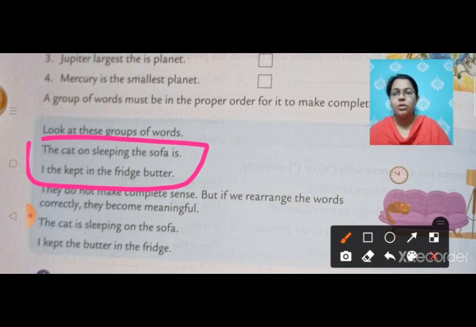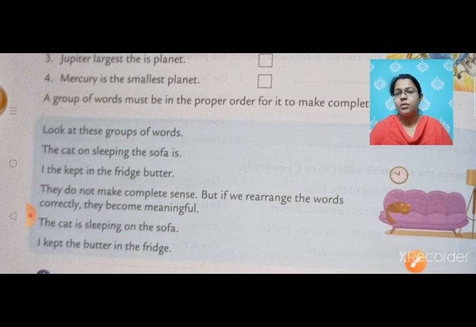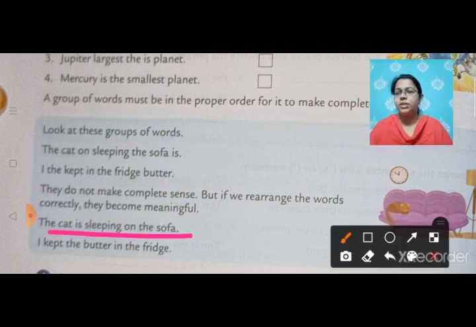No, it does not have any sense. उसको हमें arrange करना पड़ेगा. जैसे मान लो अगर पहला sentence हमको arrange करना हो तो हम क्या बोलेंगे? The cat is sleeping on the sofa, right? जैसे कि नीचे दिया हुआ है. See, the cat is sleeping on the sofa. ठीक है? सो ये सेंटेंस का मीनिंग हमको समझ में आता है.